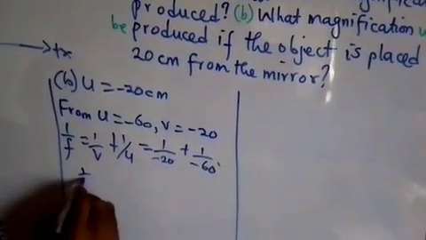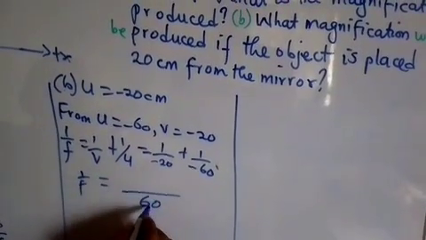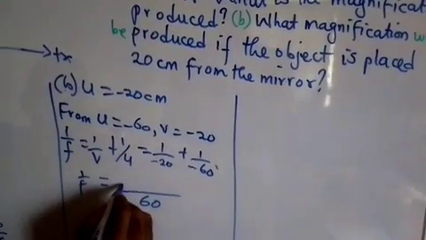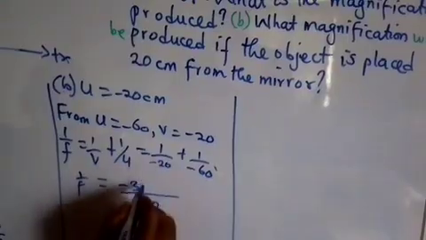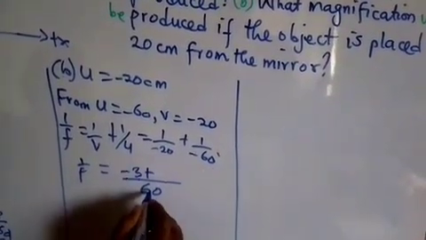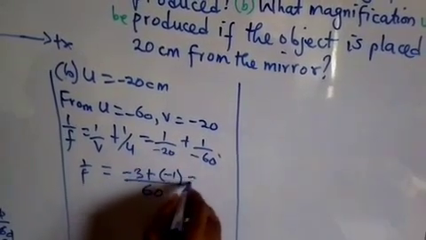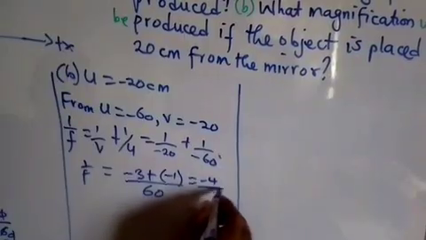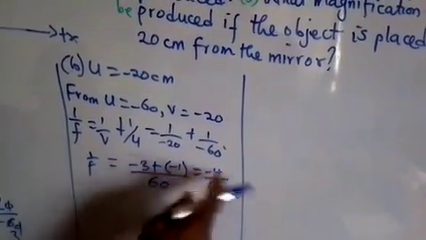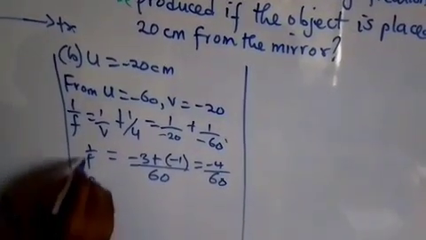So 1 over F is equal to, take LCM, 60. 20 divided into 60 is 3. 3 times minus 1 is minus 3. Plus 60 divided by itself, 1. 1 times minus 1 is minus 1. So this is minus 4 over 60, because minus 3 plus minus 1 is minus 3 minus 1, which is minus 4. So to get F, you invert this.